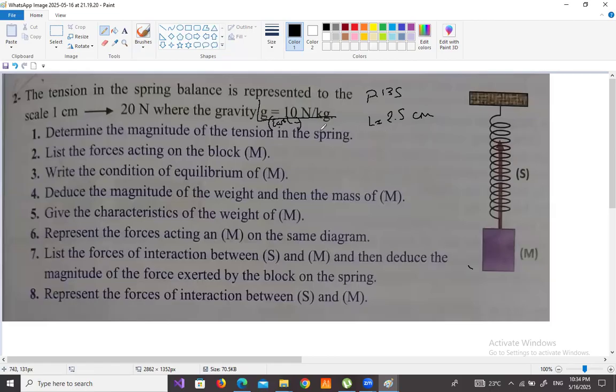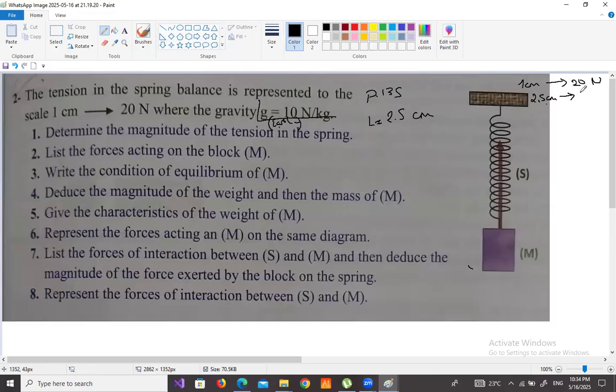How do you find the magnitude? You know that the scale is 1 centimeter is 20 Newton. We place centimeter under centimeter, so the length, 2.5 centimeter, goes under the 1.